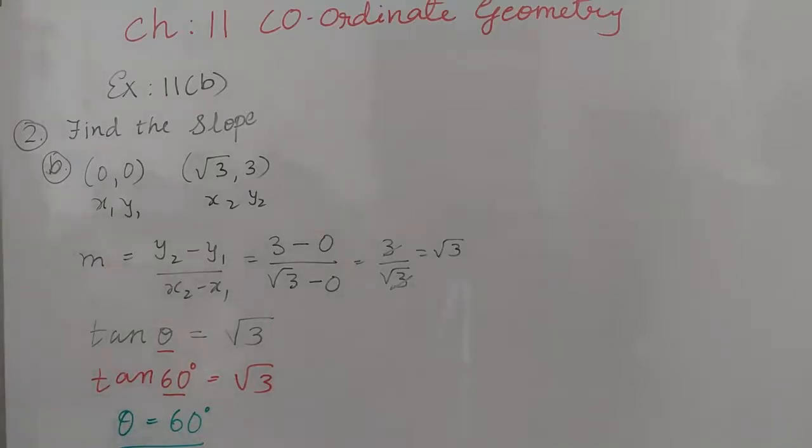This is our answer. They asked to get first slope. So slope we have found root 3. And next, the inclination or the angle formed with x-axis, that is 60 degree. So we got both the answers. Now students, same way you can find your first answer.